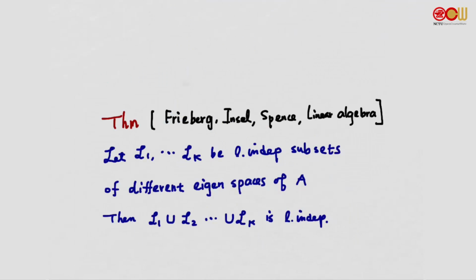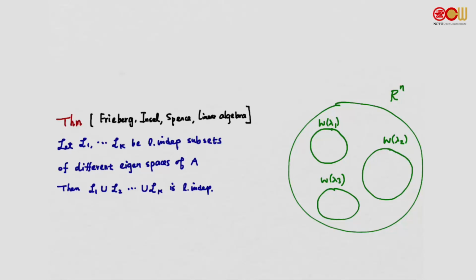Let L1, L2 to Lk be linearly independent subsets of different eigenspaces of A. Then the union of these sets is linearly independent. Let's draw a picture to see what this means. L1 and L2 to Lk, these are linearly independent subsets of different eigenspaces.